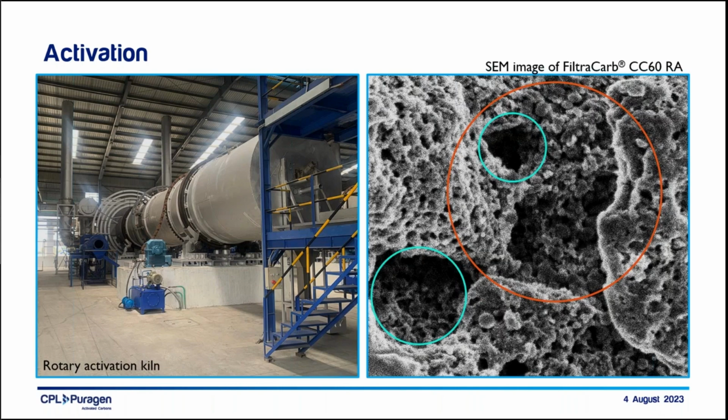The pores which are circled in turquoise are examples of mesopores, and they have a diameter between 2 and 50 nanometers. And the pores in yellow are micropores, and these have a diameter smaller than 2 nanometers. So we are talking about a technology which is working at a very, very small scale here.